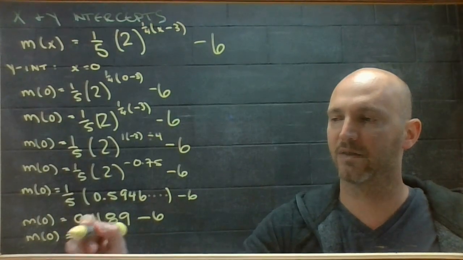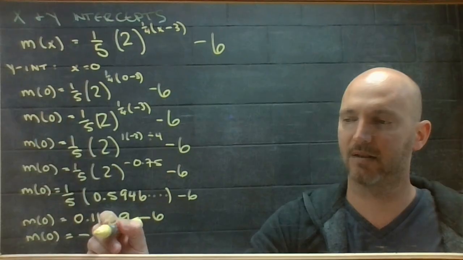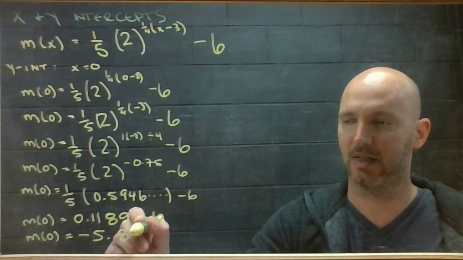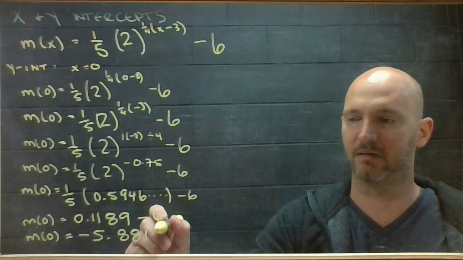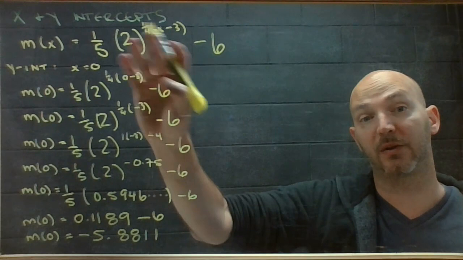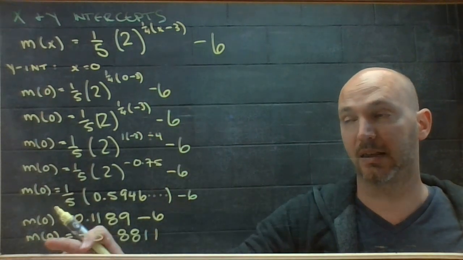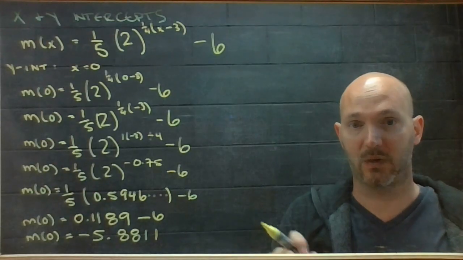So just to finish, if I subtract 6 from that number, I end up with -5.881 if we're rounding. So if you were trying to sketch this thing, it would cross the y-axis at -5.8811.